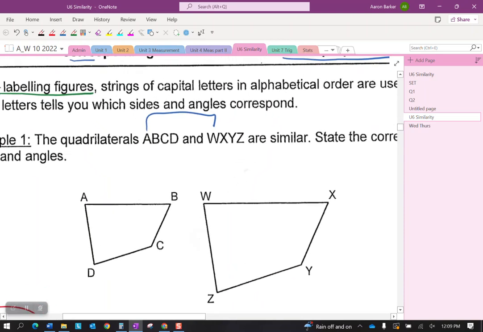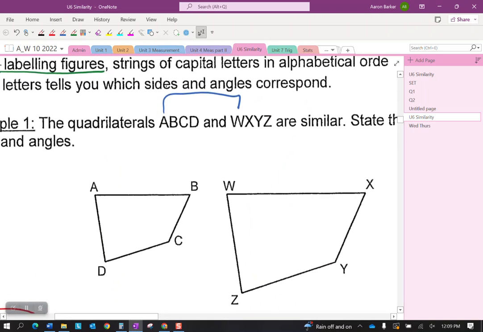So in order to indicate angle A and W are equal, we can mark them with the same marking. Some of the markings we can use are a dot. So if A has a dot, what should the other angle be to indicate that's the same? They should have the same sign. Okay? So A and W are the same angle.